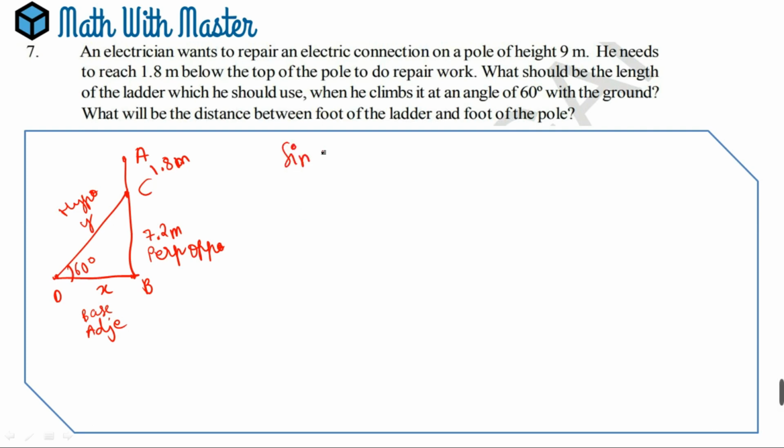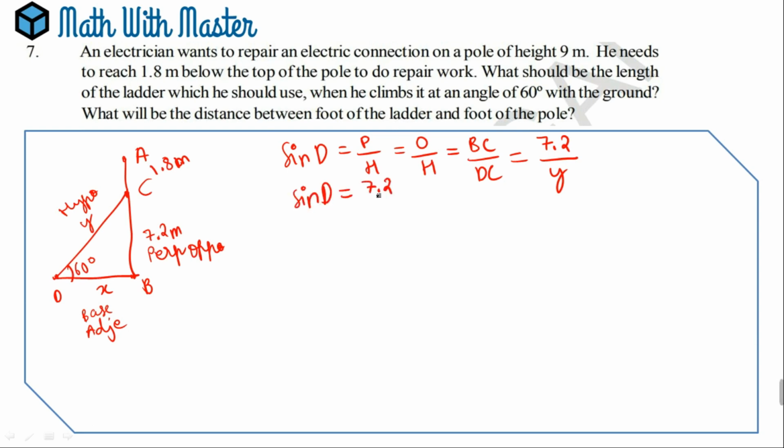So sine D is equals to perpendicular upon hypotenuse, which is also equals to opposite upon hypotenuse here, which is equals to BC upon DC, which is equals to the value of BC is 7.2 and the value of DC is Y. So we can say that sine D is equals to 7.2 upon Y.